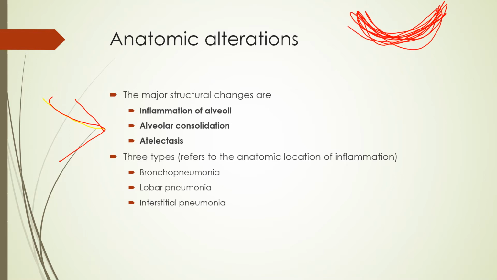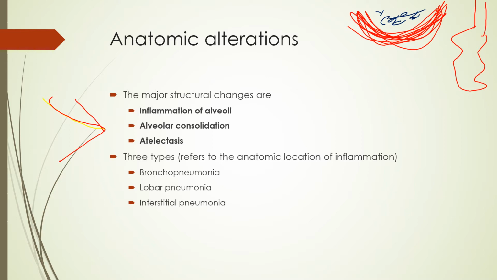A lot of inflammation, alveolar consolidation, so we'll just draw some red blood cells, white blood cells, all that good stuff in there. And as a result of all this stuff filling up with fluid, you're going to dilute that thing called surfactant that's in your lungs, which will eventually lead to the alveoli collapsing. So you have atelectasis that goes along with pneumonia.